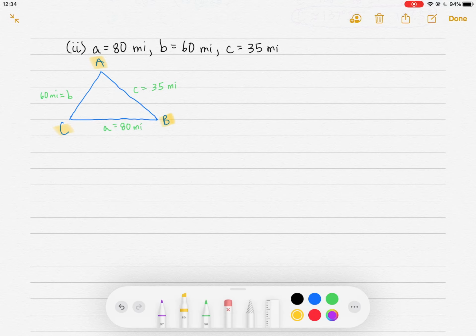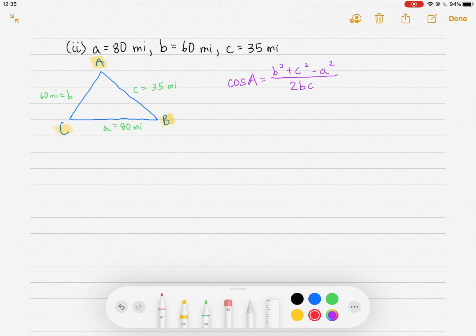To avoid all these many different answers, which makes my grading life horrific, we're going to go in alphabetical order. Why? Because I said so. So I am telling you that you need to find cosine of big A first. It is equal to little b squared plus little c squared minus little a squared all over 2bc.